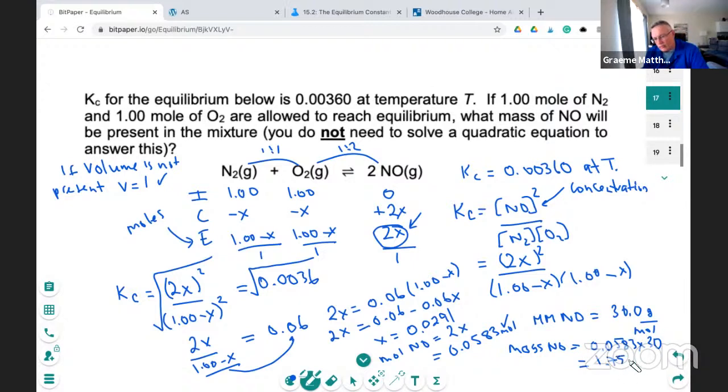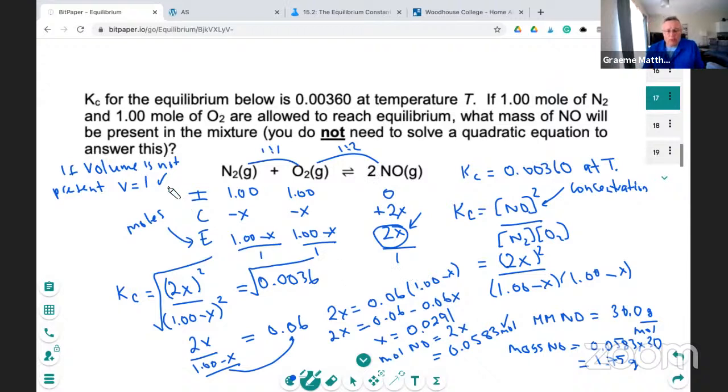1.75 grams. So on this one, chemists, as always, set the ice table up. The initial of the product wasn't stated, so assume it's 0. They didn't give you anything to do with the change, so use the variable x, link it into the ratios in the balanced chemical equation at the top there.